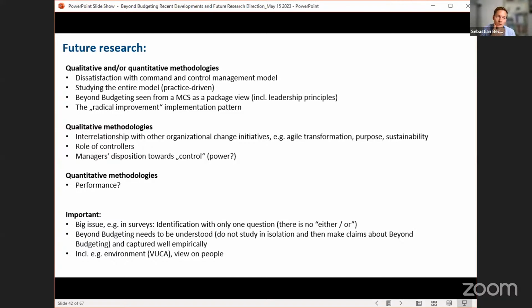So I ordered this in terms of methodologies. So this could be qualitative or quantitative. Yeah, both would be possible to study this. So really honing down on making sure, so how can we understand what's this command and control management, right? So model, and then including obviously management processes and leadership principles.